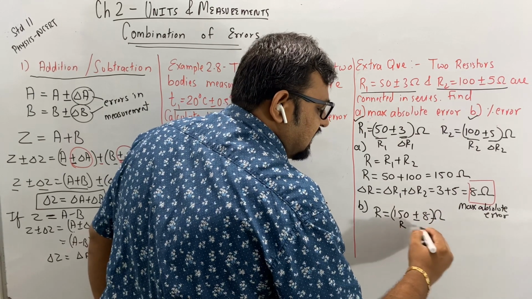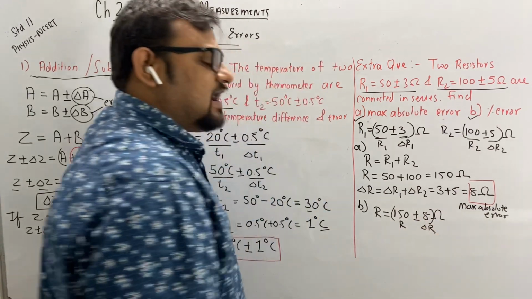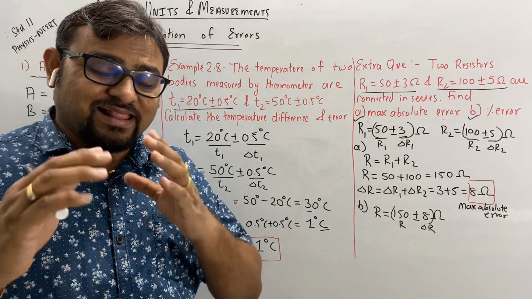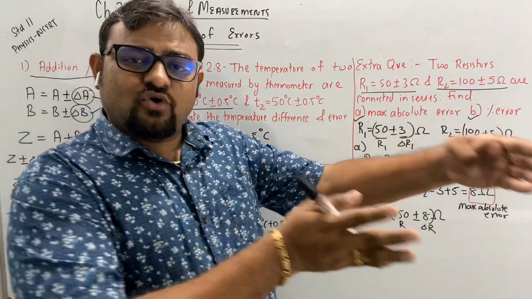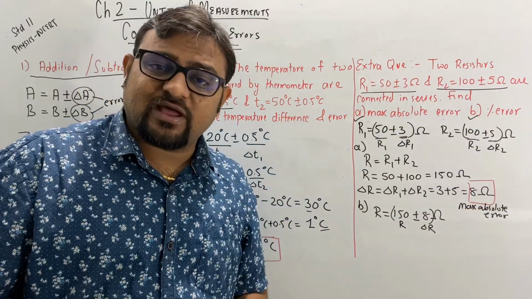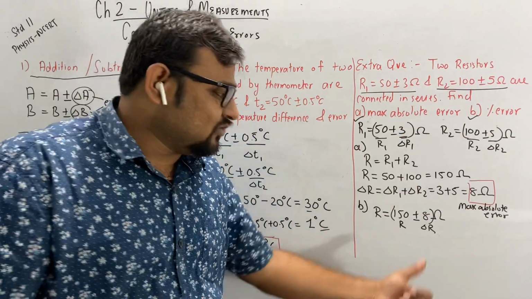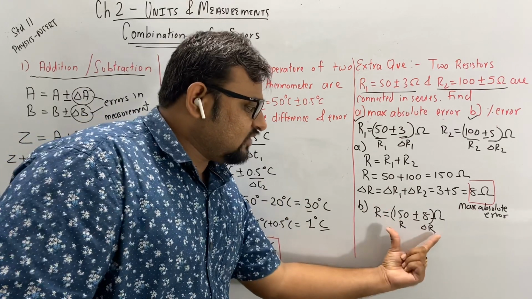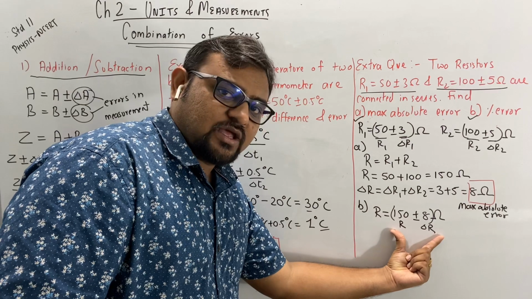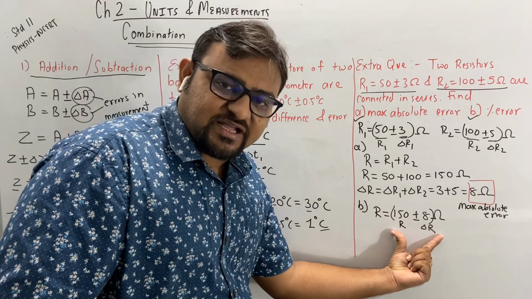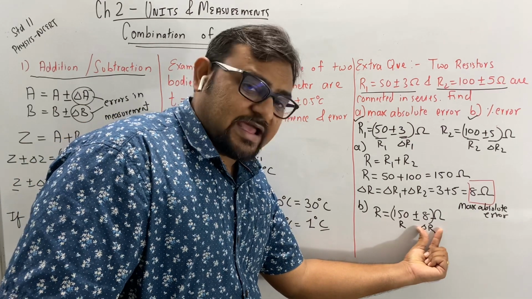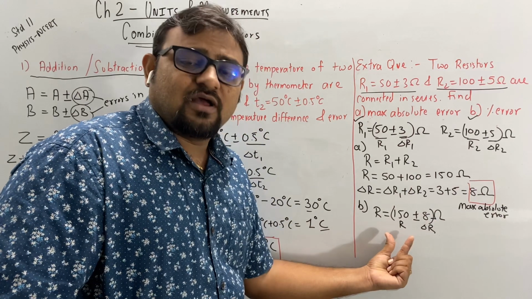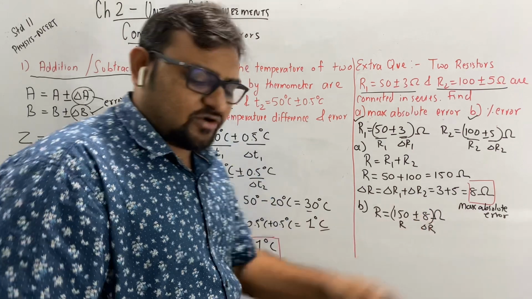This is R, this is delta R, right? So what is the formula for percentage error? Relative error into 100. Now what is relative error? Error upon true value. Here this is error and this is true value. Remember, whenever your value is given in this way, if you want to find the percentage error, take error upon true value, the ratio of error to true value, relative error, into 100.